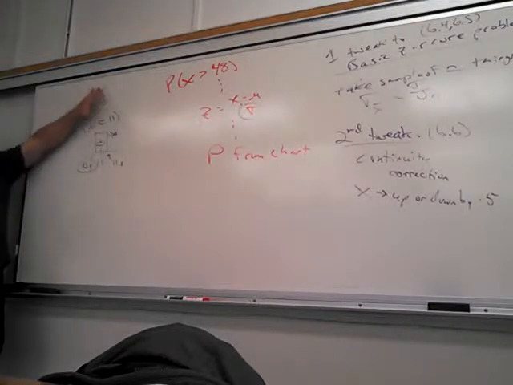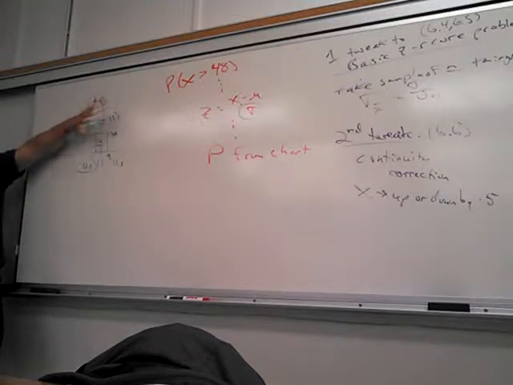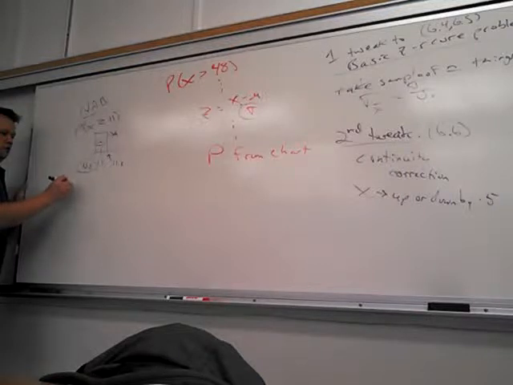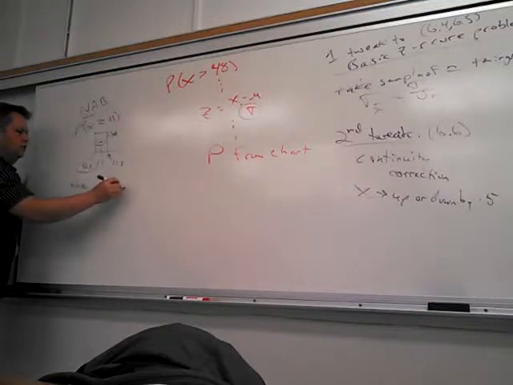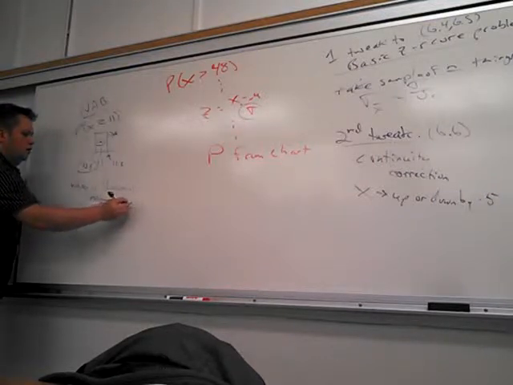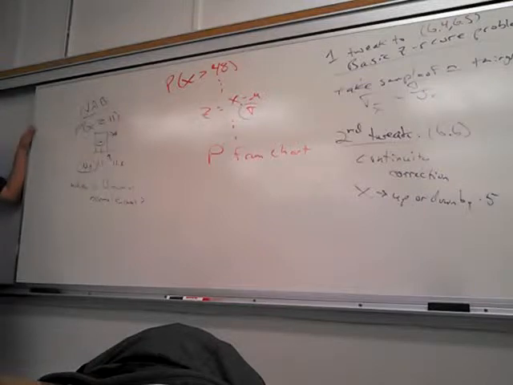Now, the really big thing, and this is the honest truth, we're not going to do this very often in this class. What's really important here is when do you know it's normal? When is the binomial normal enough?